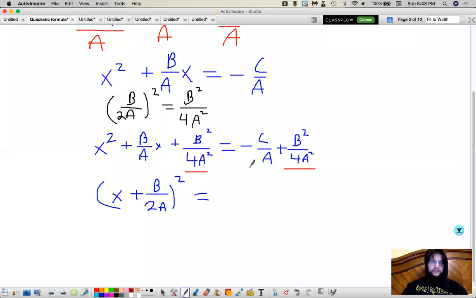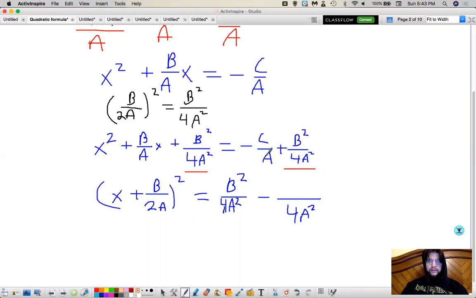In order to add these two terms together, I'm going to need a like denominator. I'm going to rewrite b squared over 4a squared on the left side just to make my life a little easier. But instead of negative c over a, I need something with a denominator of 4a squared.